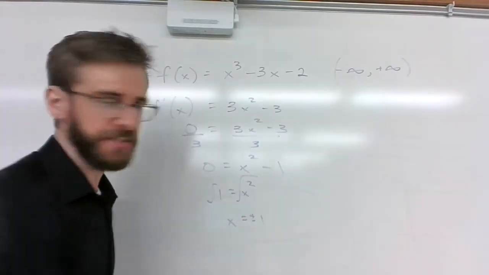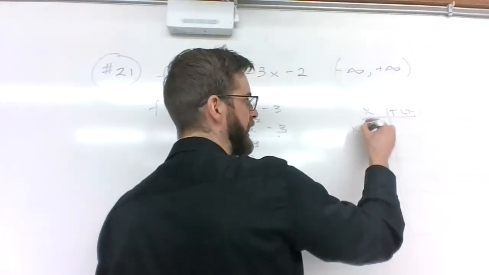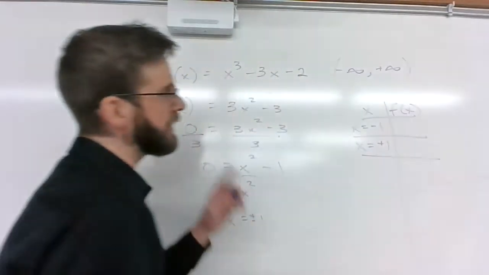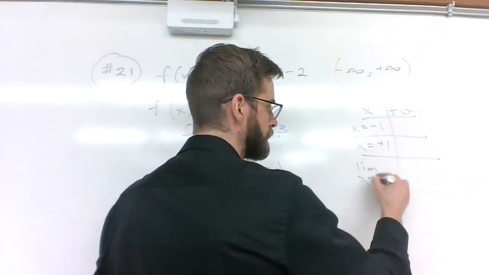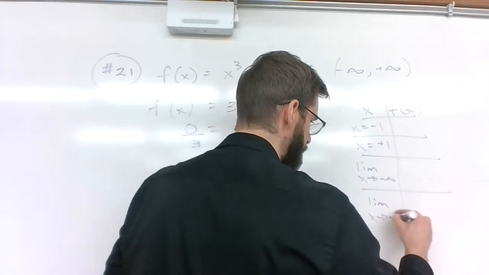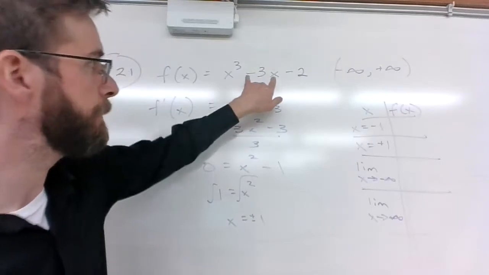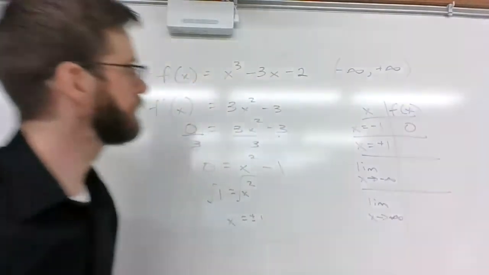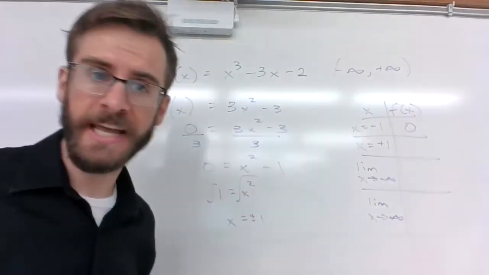These are ones to consider: x equals negative 1, x equals positive 1, and then we consider negative infinity and positive infinity. So plug in negative 1. You get negative 1 plus 3, 2, minus 2, 0. Plug in 1: 1 minus 3, negative 2, minus 2, negative 4.